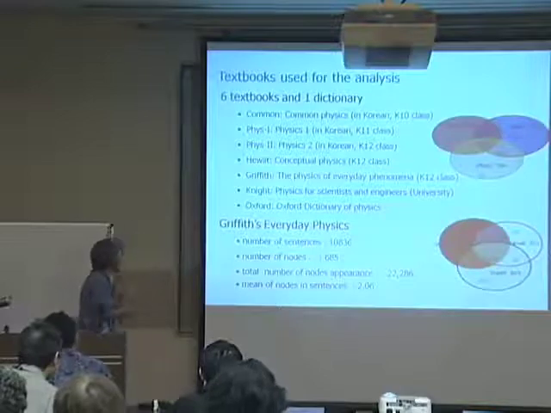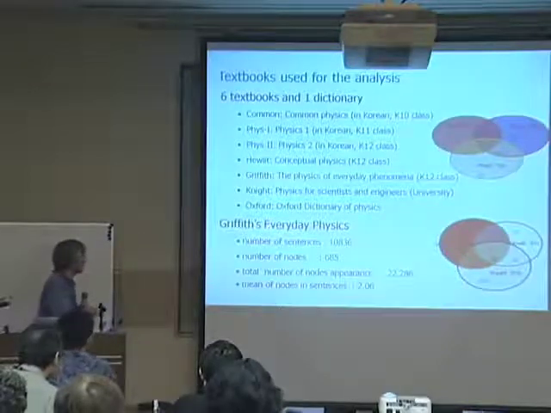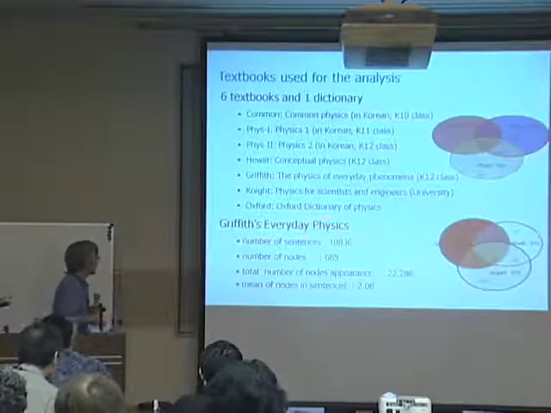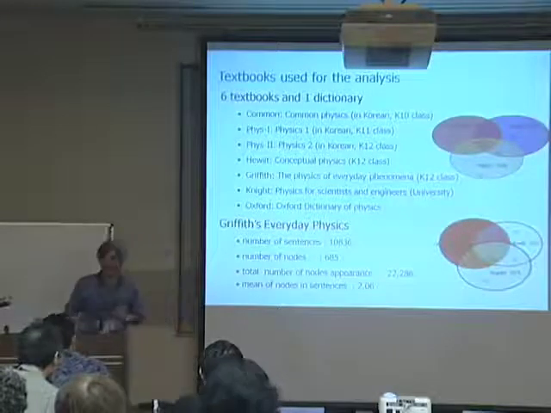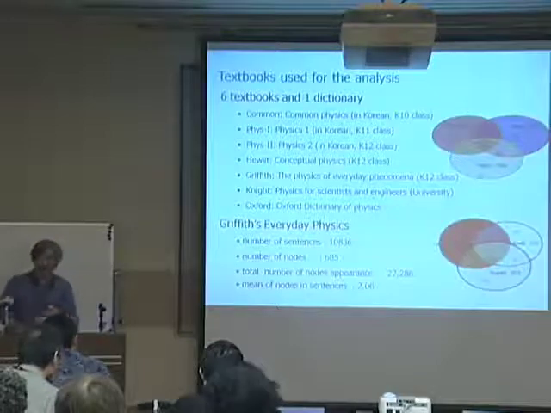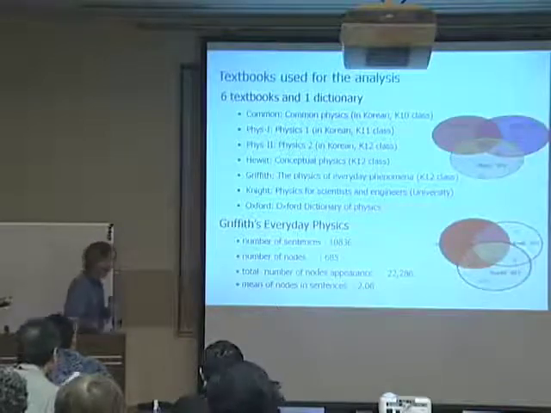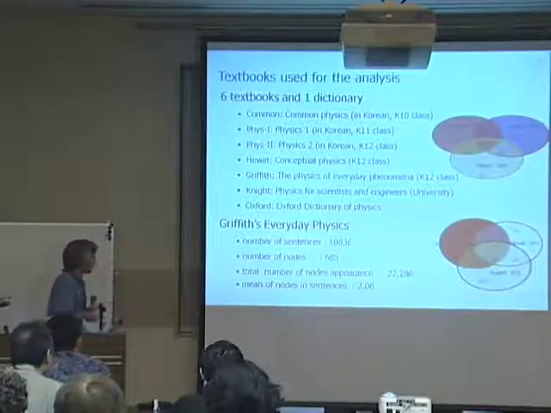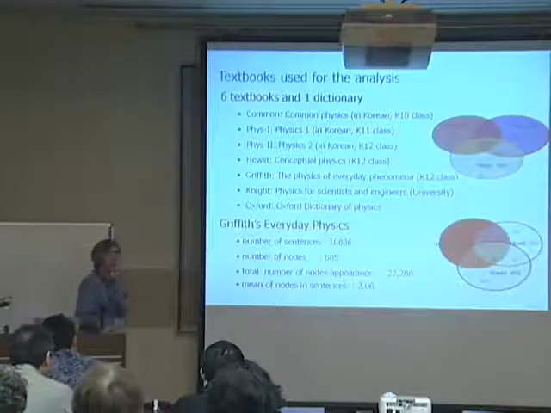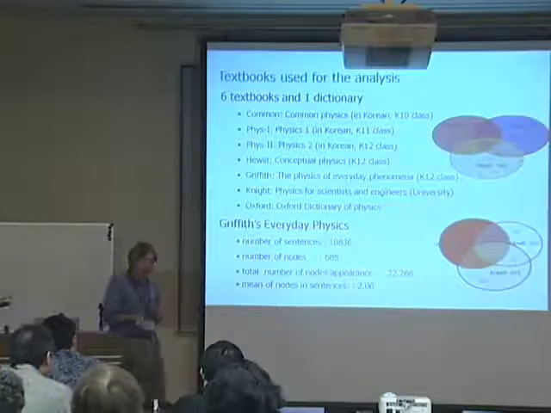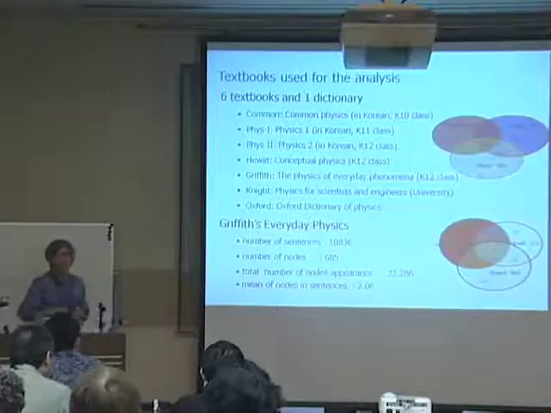In the case of one of the textbooks, the number of sentences is about 10,000, the number of physical terms is about 680, and the total occurrence of physical terms is about 22,000. So on average, in one sentence, we have two concepts.